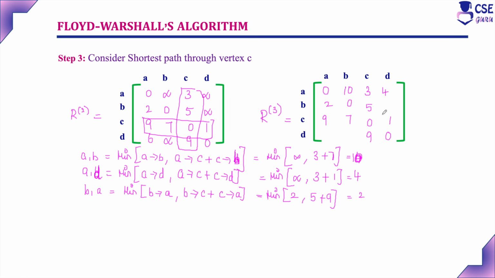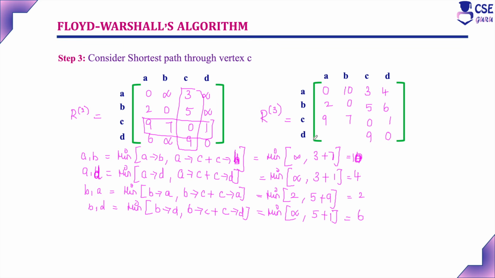Next we need to find the shortest distance for B to D. Minimum of B to D, comma, we need to consider the shortest path through C. So B to C plus C to D. B to D, the value is infinite, and B to C is 5 plus C to D is 1. So we will get 6.